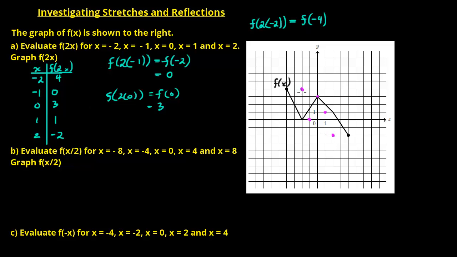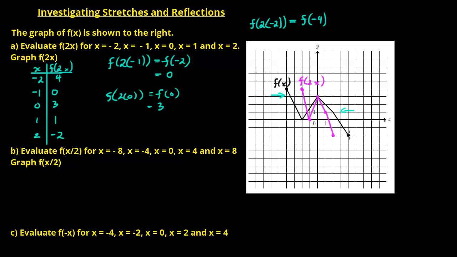And then let's plot all these points together and see if we notice anything. So this is the graph of f of 2x. How is the graph of f of 2x related to the graph of f of x? Well, notice that to get the graph of f of 2x, we've essentially taken the graph of f of x and compressed it horizontally.